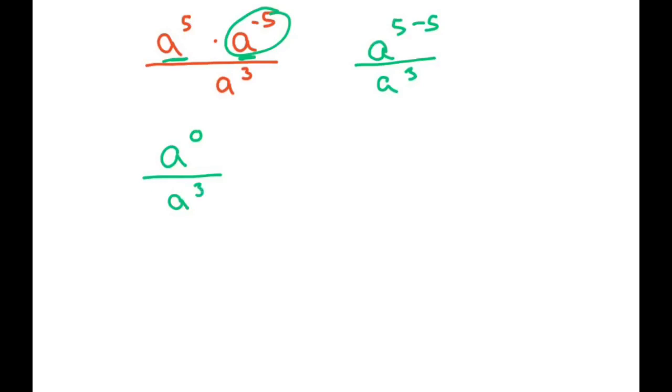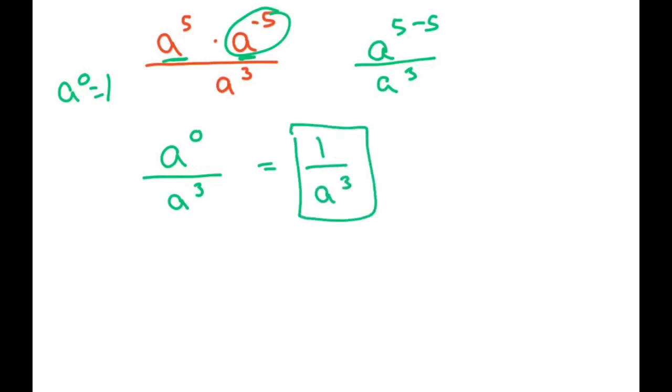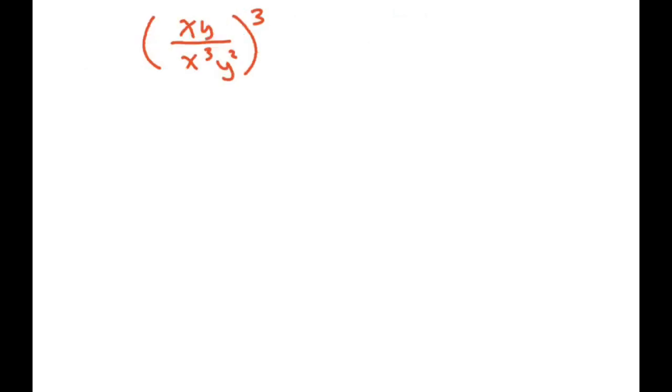Anything to the 0 power equals 1. So that's going to be 1 over a cubed. And that's it. Remember, you could also write this as a to the negative 3, because that's the property, but we don't want negative exponents, so we're going to leave it like that.